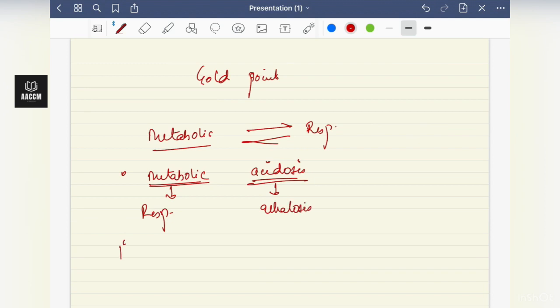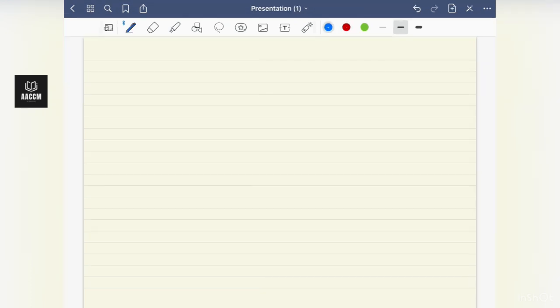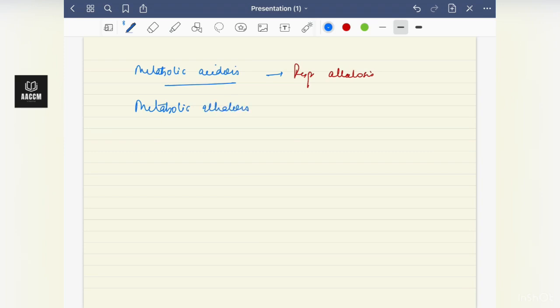So if we see a primary defect of metabolic acidosis, and if we are saying that the compensation is there, it should be with respiratory alkalosis. So for metabolic acidosis, the compensation here will be respiratory alkalosis. For metabolic alkalosis, the compensation will be respiratory acidosis.